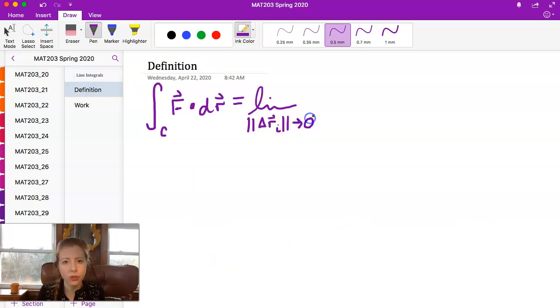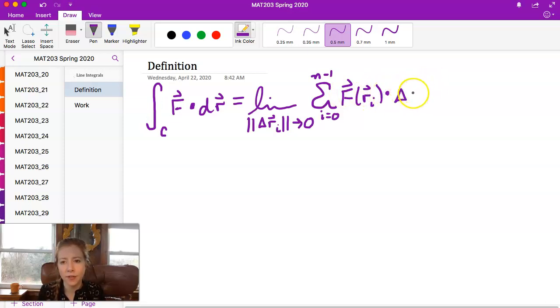So as you get closer and closer together, as you're used to with the definitions involved in integration, of the sum of i equals 0 to n minus 1 of our field evaluated at our position, so for each increment, dotted with the size of our interval.